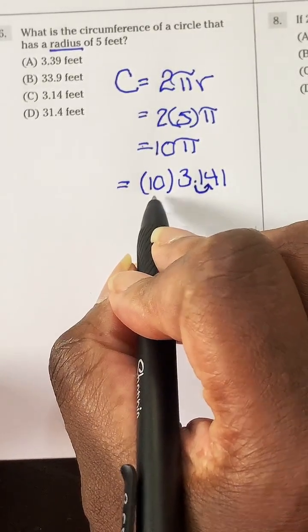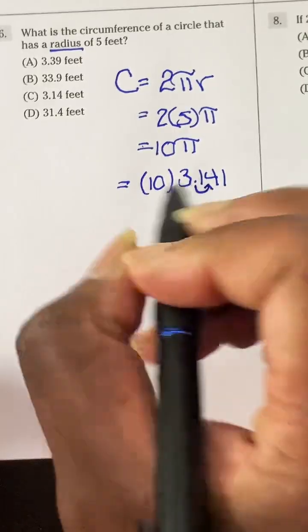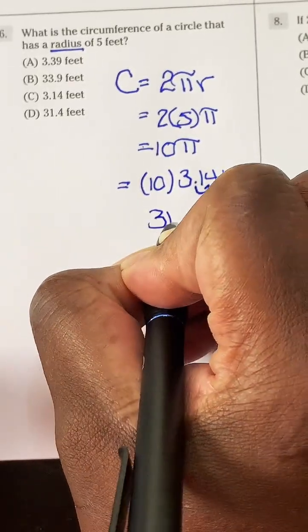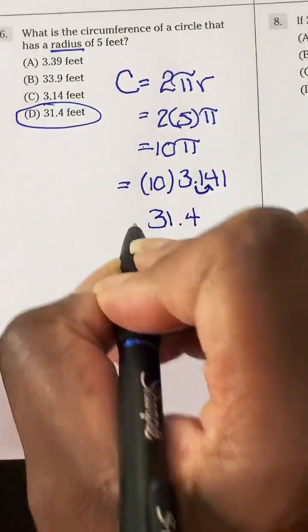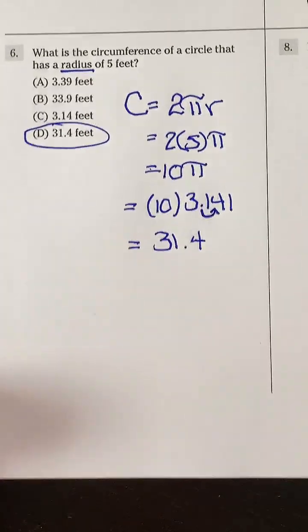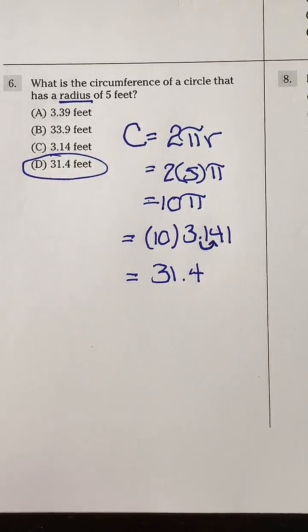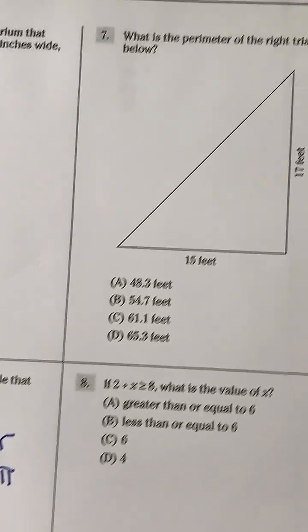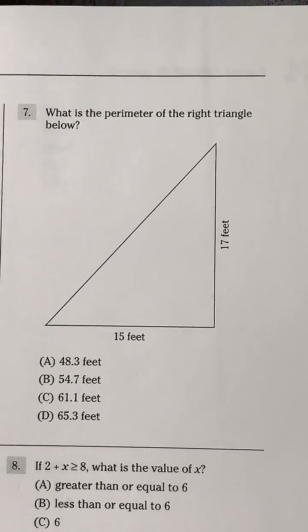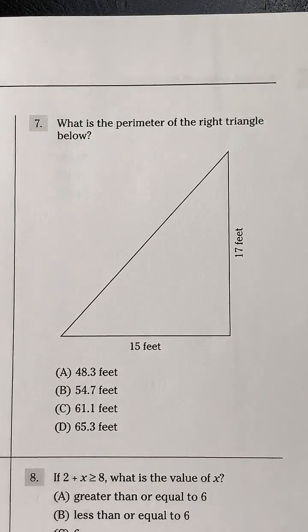When you multiply by 10, you're moving it 1 space over to the right, which gives you 31.4 feet. So your answer will be D. Sometimes you have to do a whole lot of calculations. Sometimes you really don't.